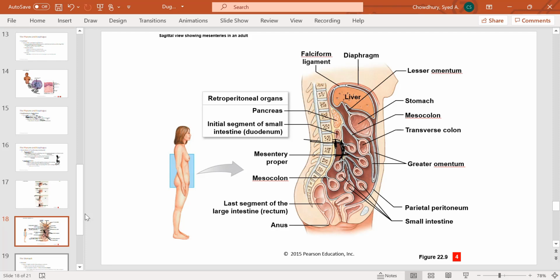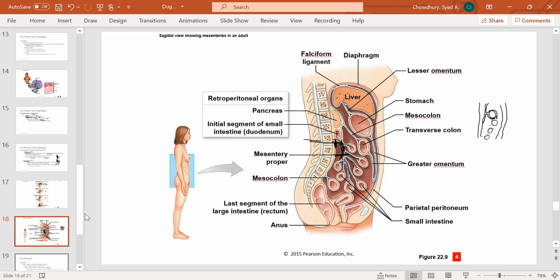These are the secondary mesentery. And I explained in the last class that if this is the body cavity, you have the stomach, the liver, the small intestine, the large intestine, and what happens is the parietal layer of peritoneum is attached to the body wall and goes inwards to cover the organs and tie them to the wall to keep them in the right position.